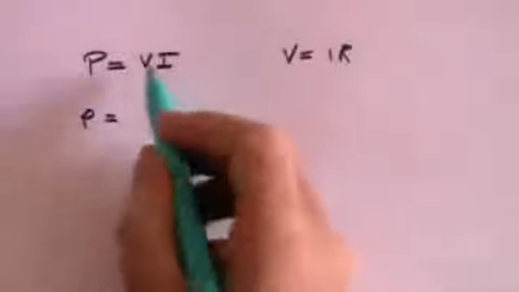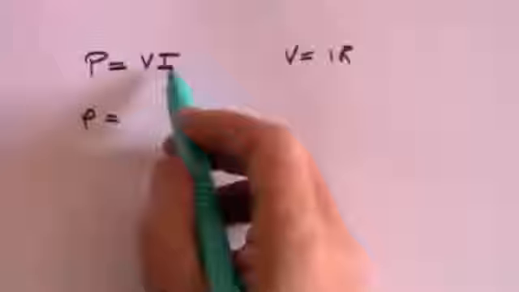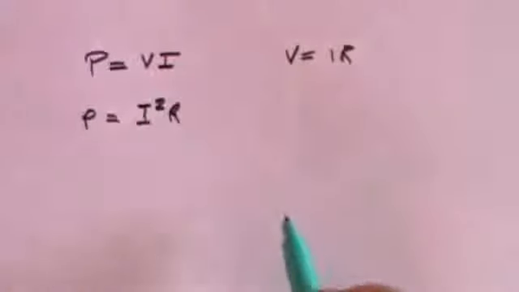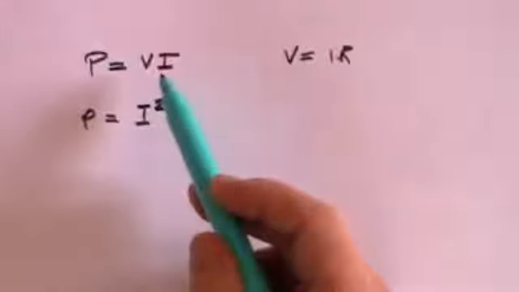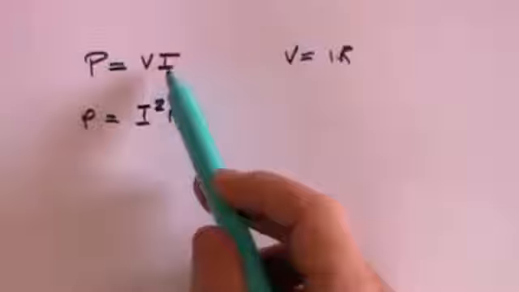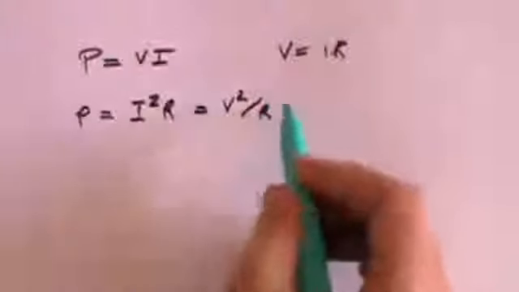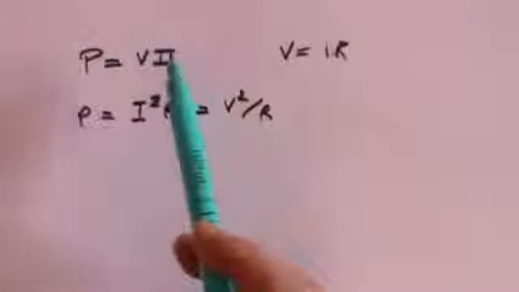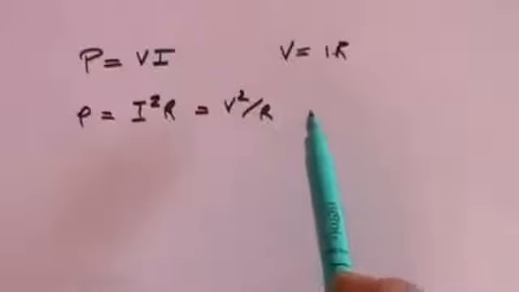If V is IR, then the power is V, which is IR, times I, which is I squared R. Or if you like, you can say that I is V over R and substitute in here. So you've got V times V over R, which is V squared divided by R. So you can express the power in any way you like: V times I, or I squared R, or V squared over R. They are all the same thing.